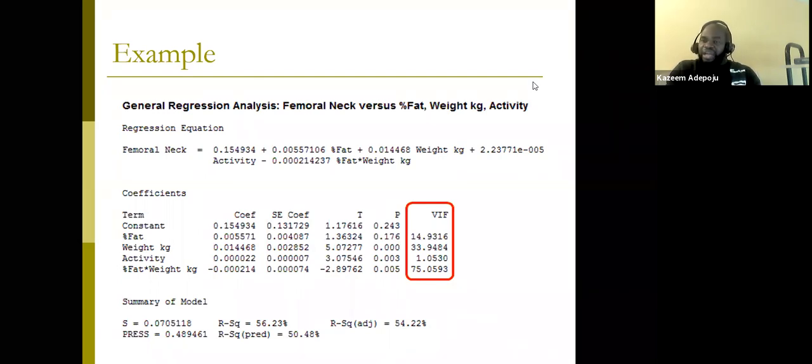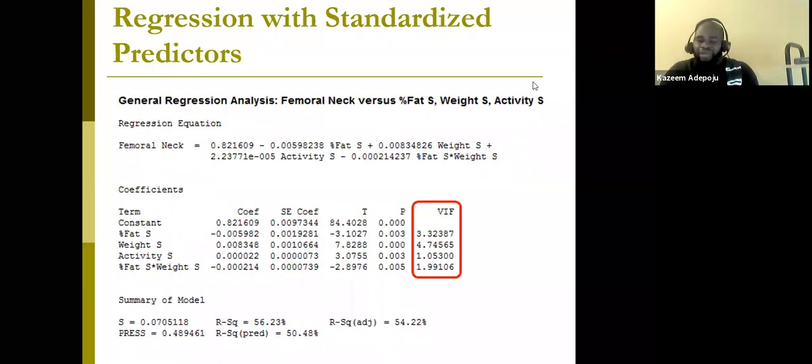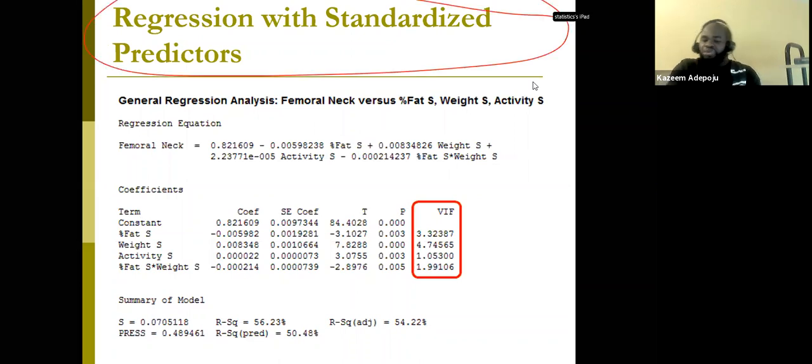Okay? And after standardizing, of course you can see what we have. That is why I call this regression with standardized predictors, because I'm no longer using the original values of the predictors. We have already standardized them, and standardization is one of the transformational efforts when there's a crisis. Okay, now you can see that everything is so good.